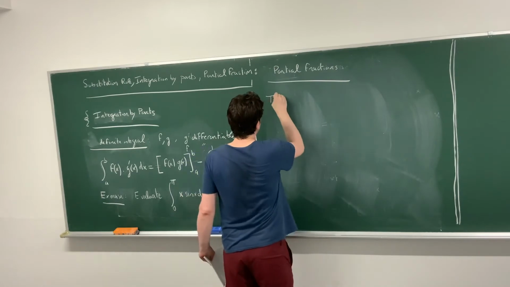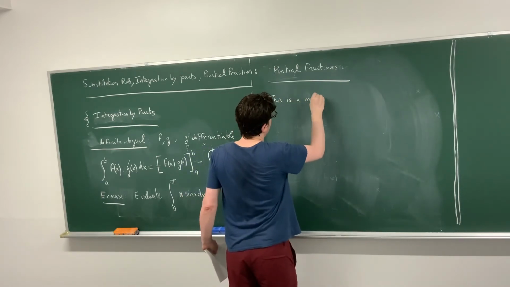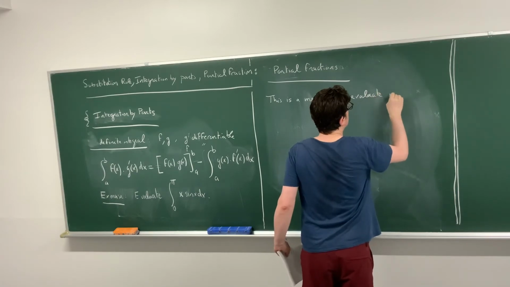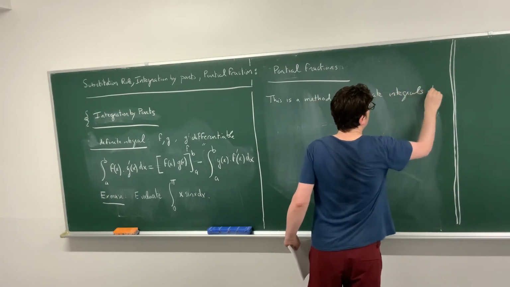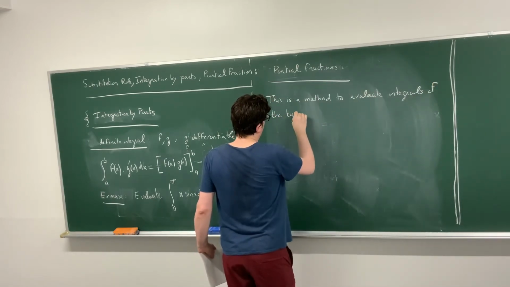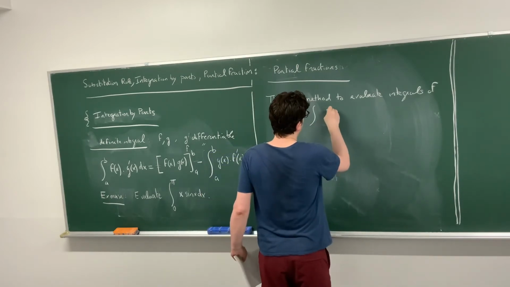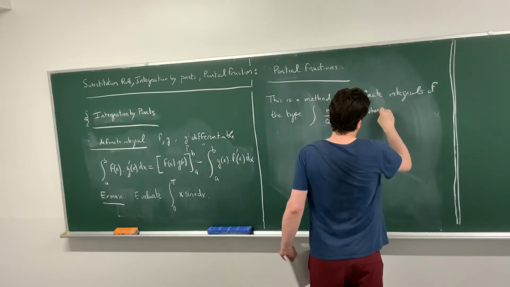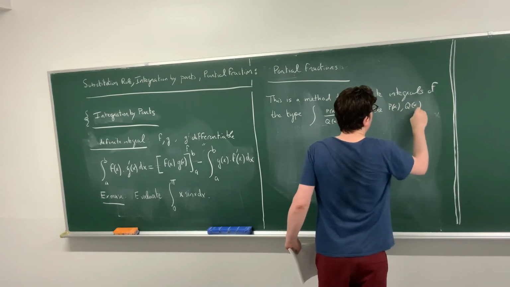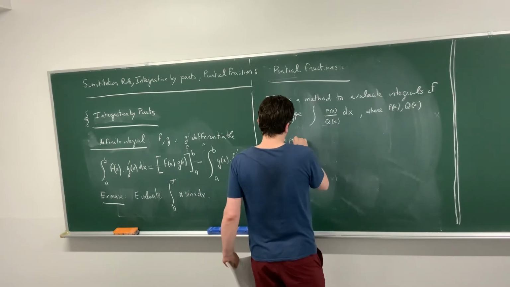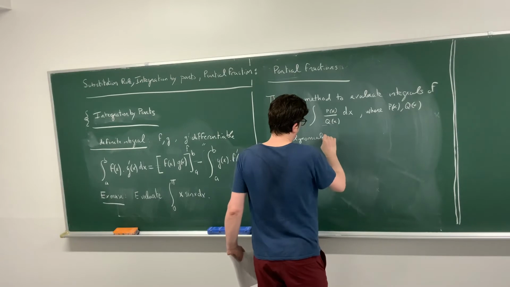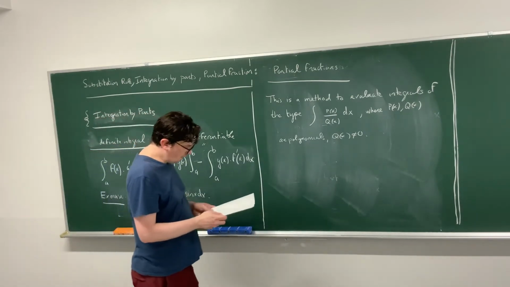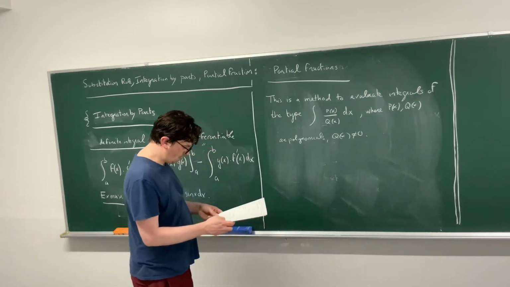Partial fraction is a method to evaluate integrals of the type p of x divided by q of x dx, where p of x and q of x are polynomials, and of course q of x is not 0, right? Basically rational functions.